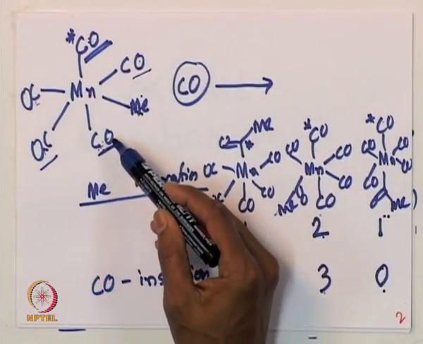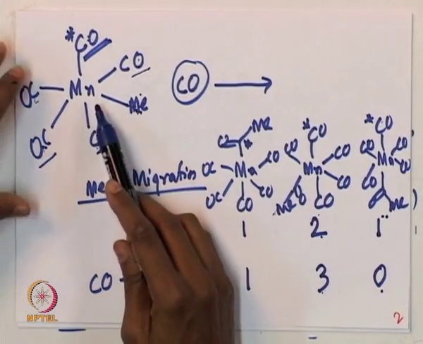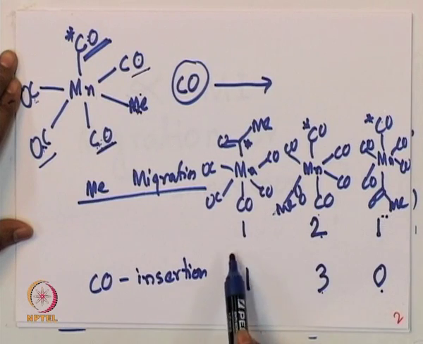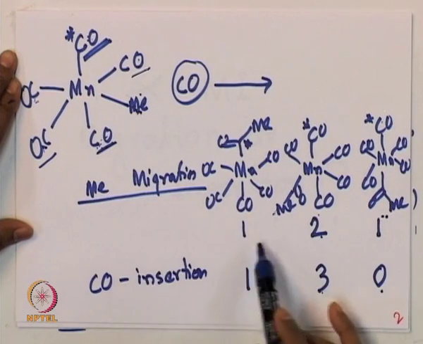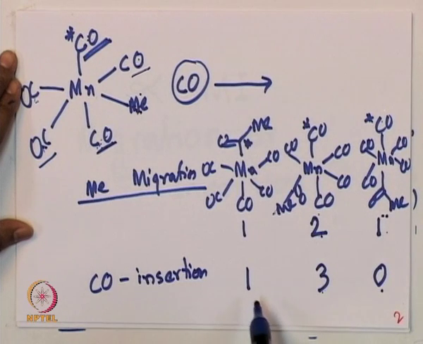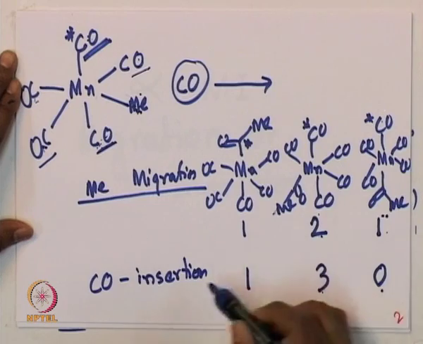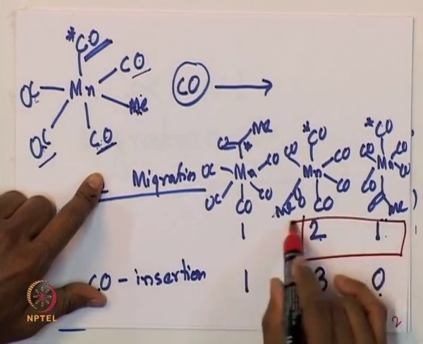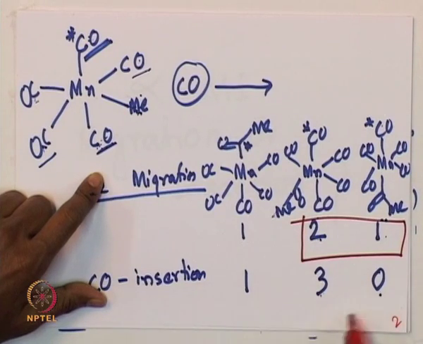Let us look back at it again. We have this manganese complex, and 3 different product formations are likely. For methyl migration we end up getting 1:2:1. For CO insertion, we would get 1:3:0, and experimentally what we see is the 1:2:1 product formation. The other is not observed at all.